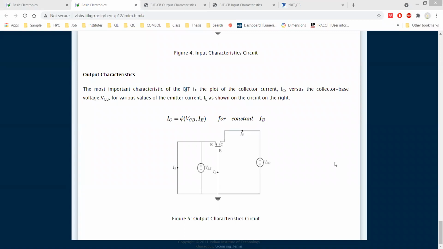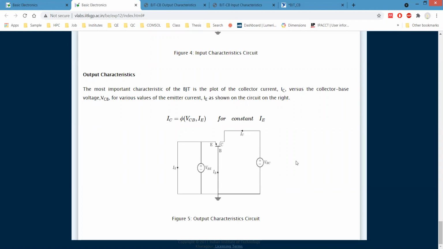One of the probes we should connect. Your voice is not audible, please. Hello. Yes. So we should connect the emitter in reverse bias and collector in forward bias, right? No, precisely you cannot say that without knowing the circuit configuration. Sir, I'm asking for common base.